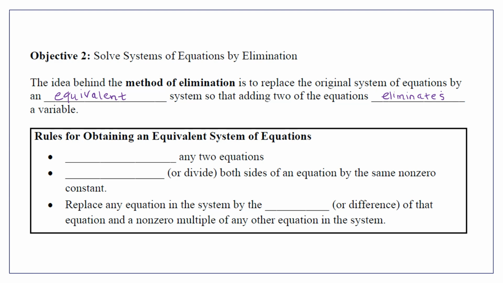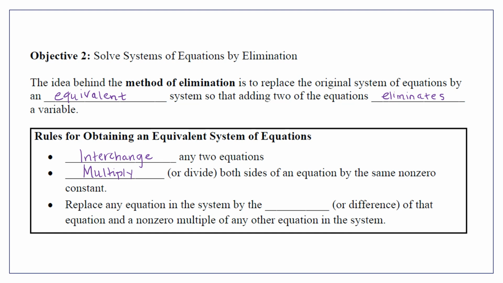a variable. So the rules for obtaining an equivalent system of equations: you need to interchange any two equations. Then you want to multiply or divide both sides of an equation by the same non-zero constant.